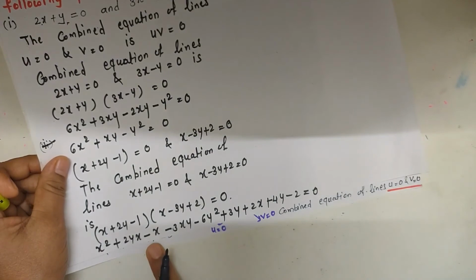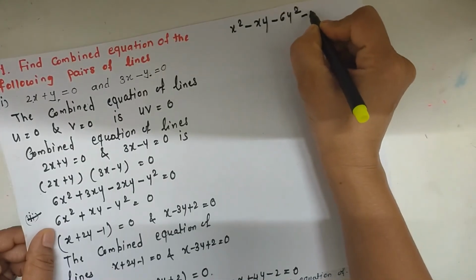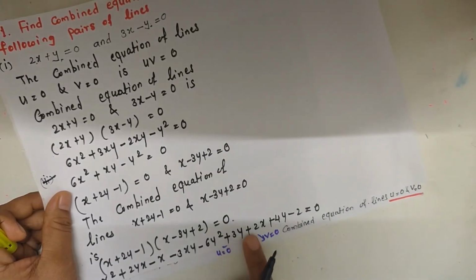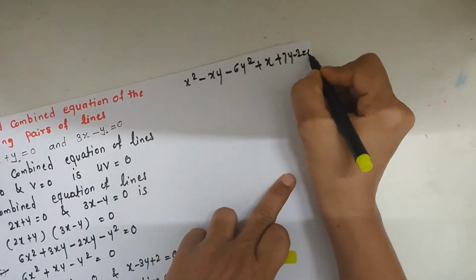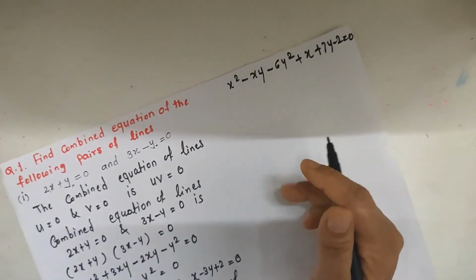Then minus x plus 2x plus x, and minus 3y plus 3y plus 4y we get 7y, and minus 2 is equal to 0. This is the combined equation of two given lines.